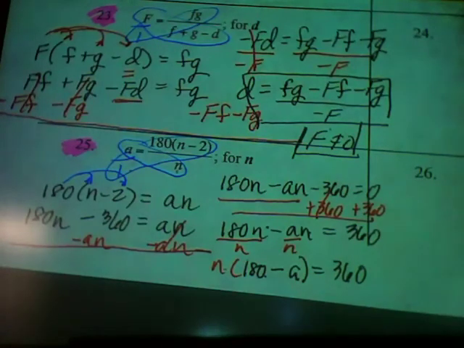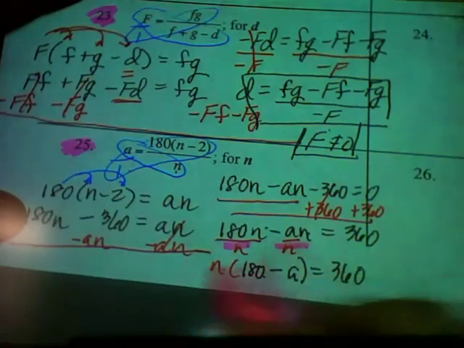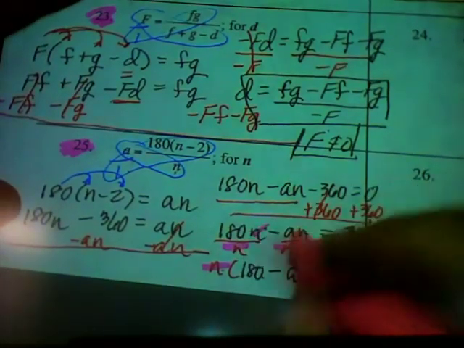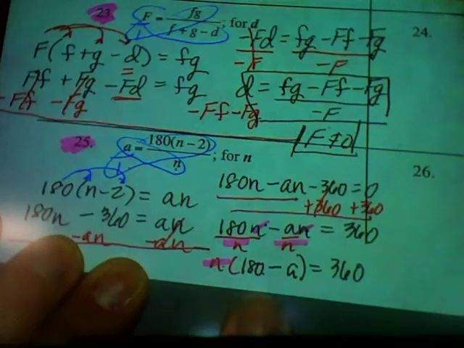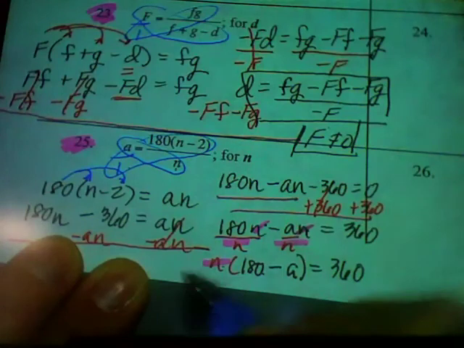So note to self, right here, we factored out an N because they had them in common, right? If the variable that you're solving for is in more than one term, factor it out of all of those terms and put what's left in parentheses. Now, I'm solving for N, it's being multiplied by 180 minus A. How do you undo multiplication? Division.